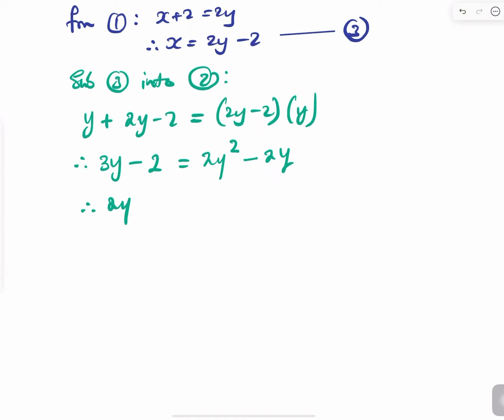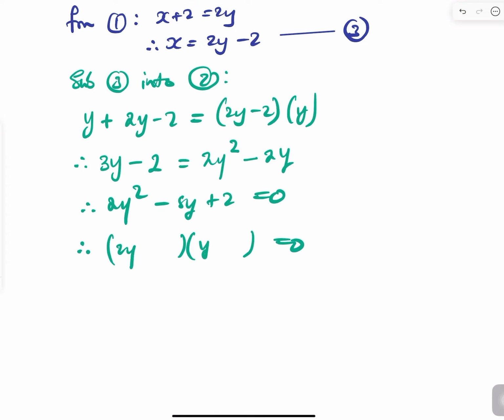That is going to be 2y squared minus 5y plus 2 is equal to 0. And I need to factorize this properly. So let's get the factors of this. It's going to be 2y and then y. To get negative 5, it has to be 1 and 2. So that is 2, that is 1. They are all negative because that is negative. To confirm that, negative 4y minus y is negative 5.